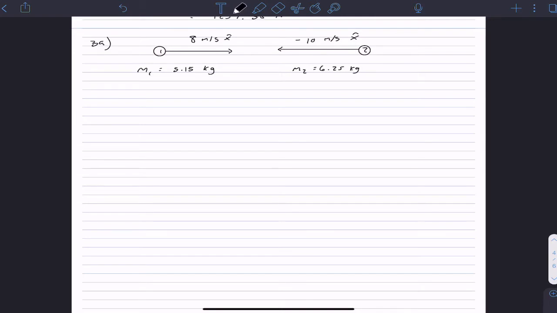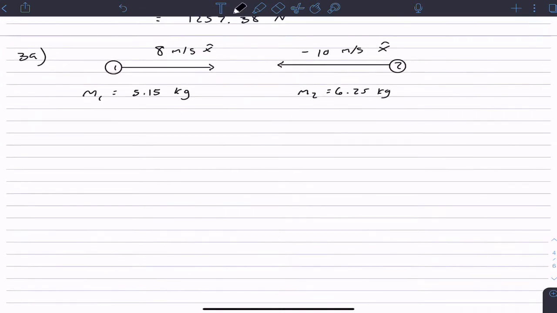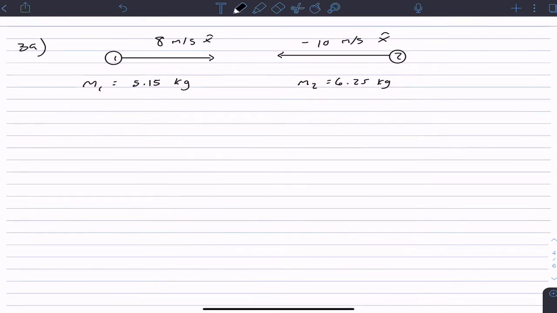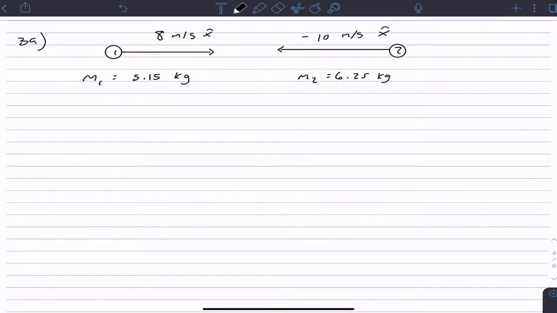Since the collision we're told is elastic, these things are going to collide and then bounce off each other. And in elastic collisions, momentum and energy are conserved.